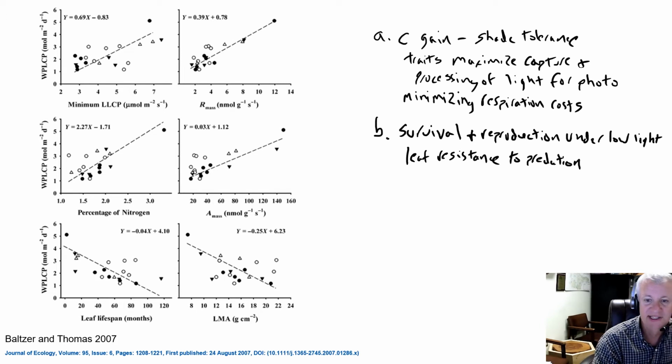For a seedling that's just barely persisting in the understory, it could be an advantage to have leaves that are not eaten by herbivores, because each leaf that's produced in those low light conditions is scarce and expensive. So leaf resistance to predation might be an important trait there.